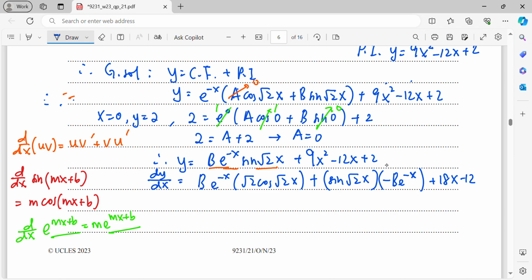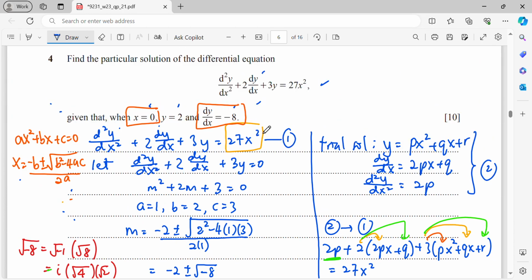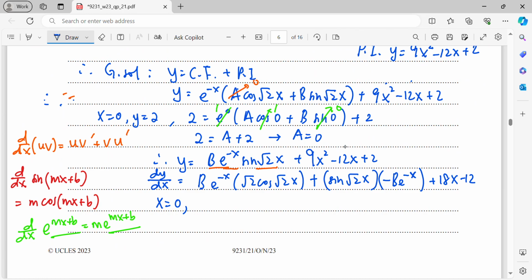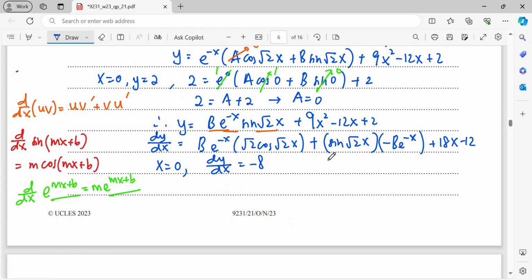Then from here, replace the x value. Given x is 0, dy dx is minus 8. So here, dy dx equals minus 8. And then now I will replace these two values.